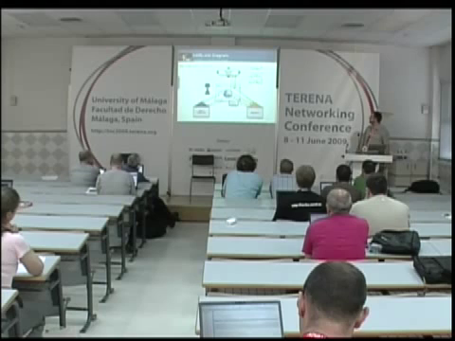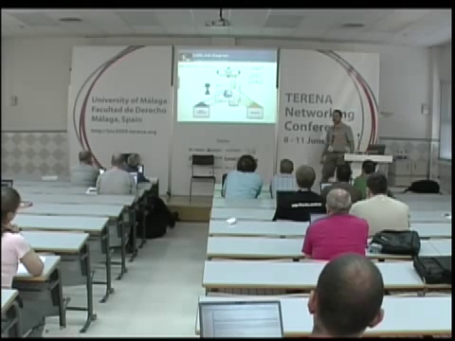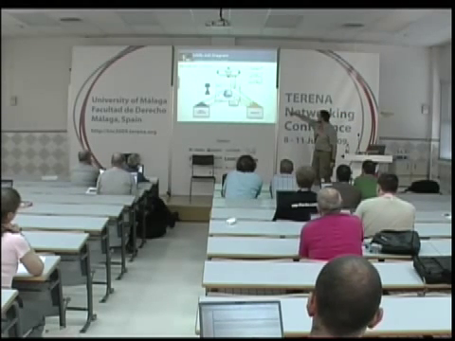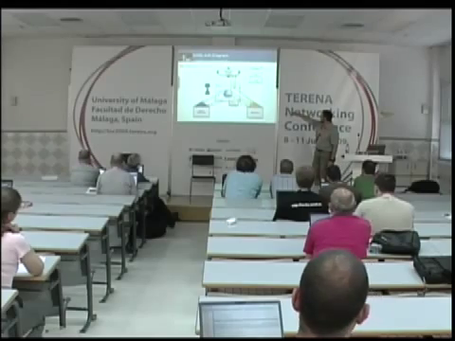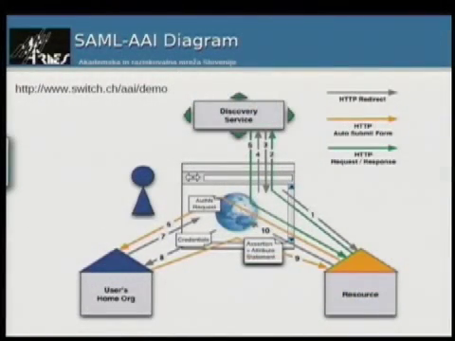This is the schema that represents how the user accesses a web application. We have the web browser here, and the user, who tries to access the resource, first makes a connection to this web server, and he's denied entry because he doesn't have the appropriate authentication tokens. He's not yet authenticated. He's redirected to the discovery service where he selects where his login application, his IDP, resides, or which organization he's coming from.